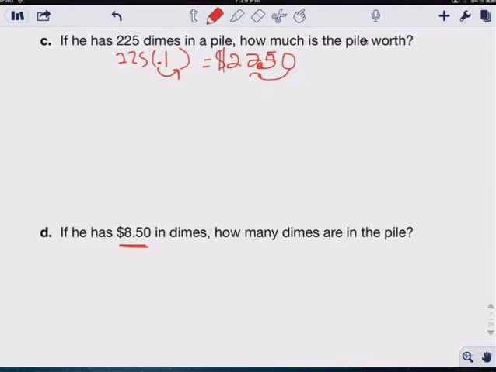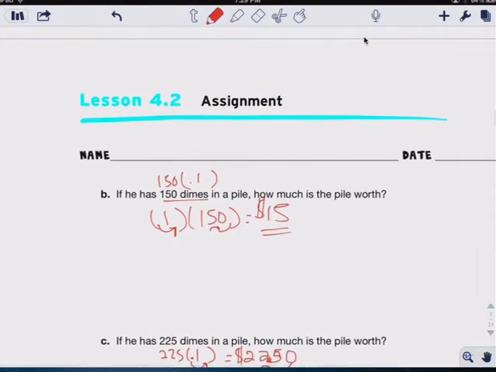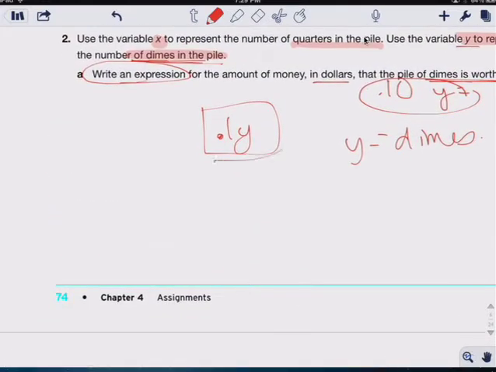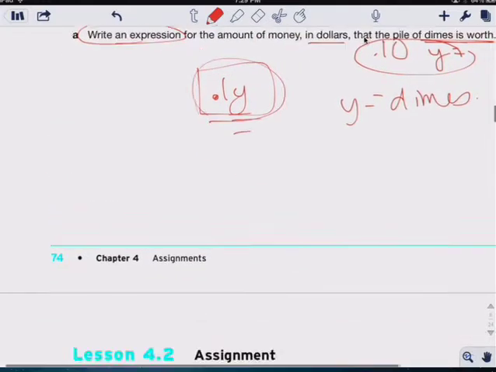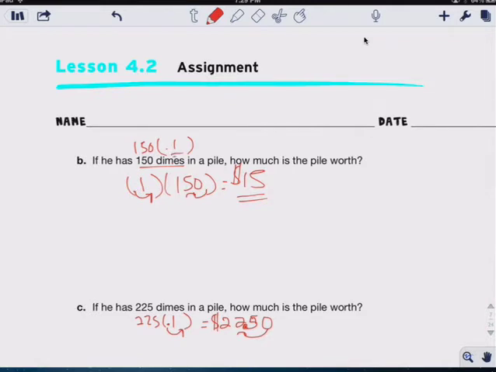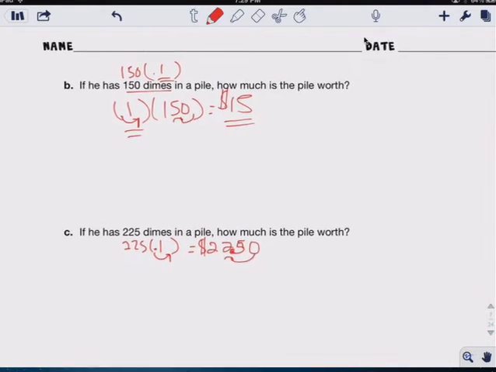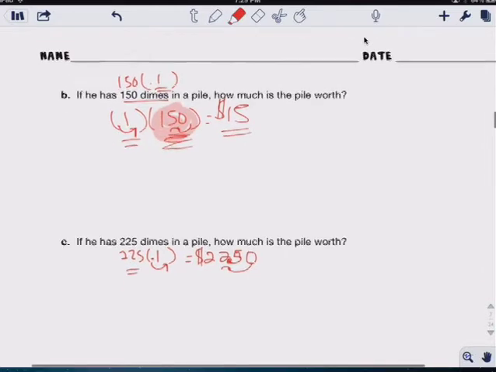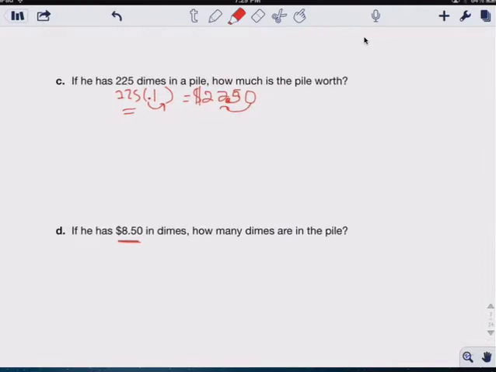Okay, let's do it mathematically. You understand how we got this? These are the number of dimes. So you got the expression 0.1 times the number of dimes. They want you to use Y for dimes. And that equals your total. Well, here they gave you the total.